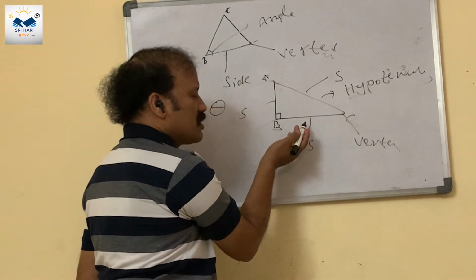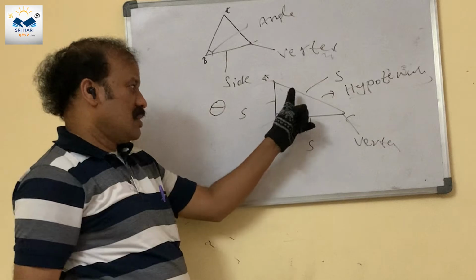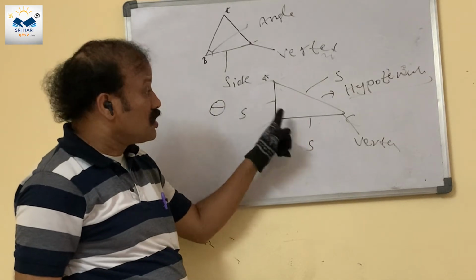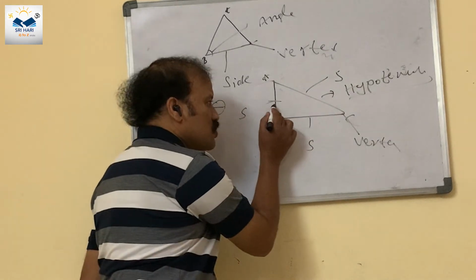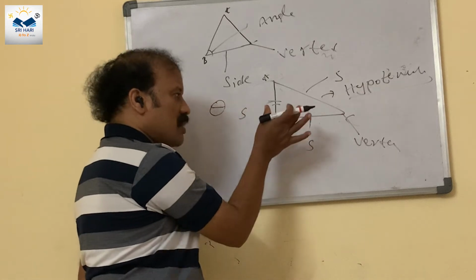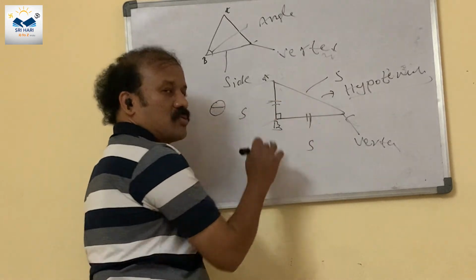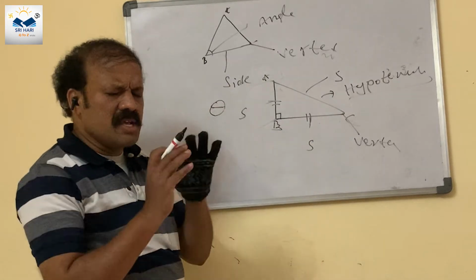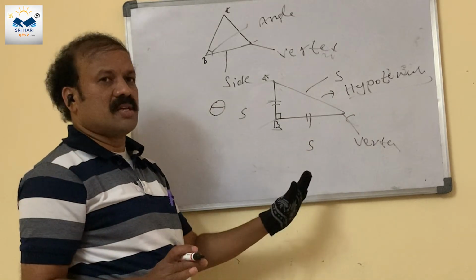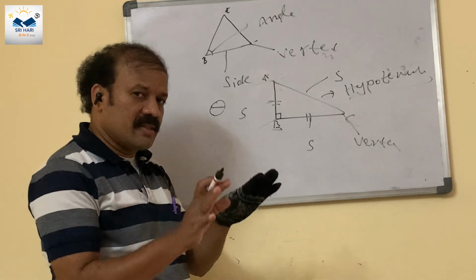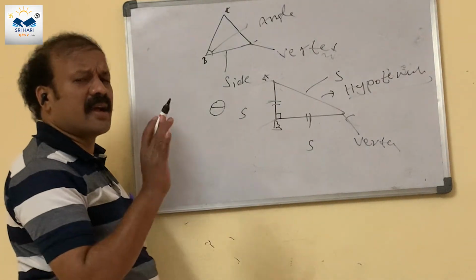Maybe these two are equal, sometimes they are not equal, but the hypotenuse is not equal to any side. That's why the hypotenuse is always greater than the other sides in a right angle triangle.